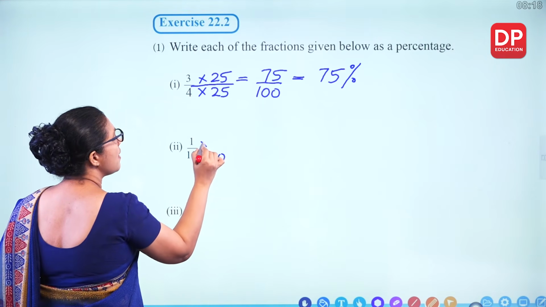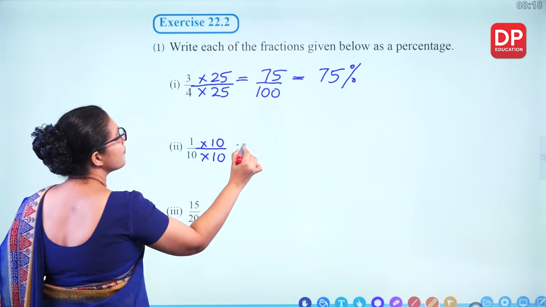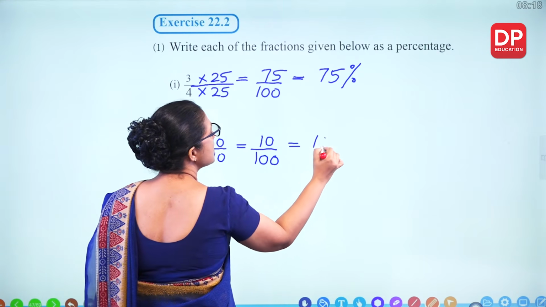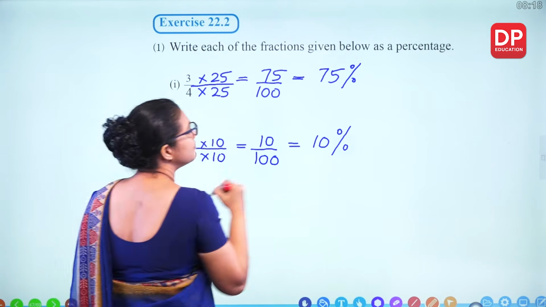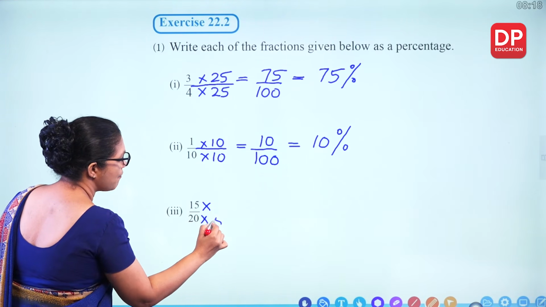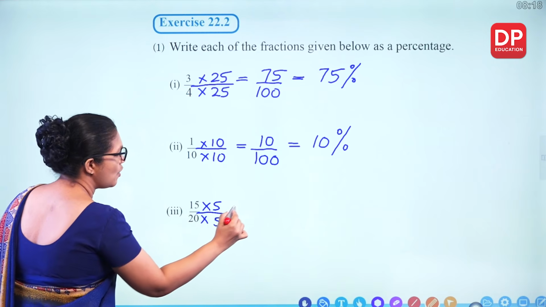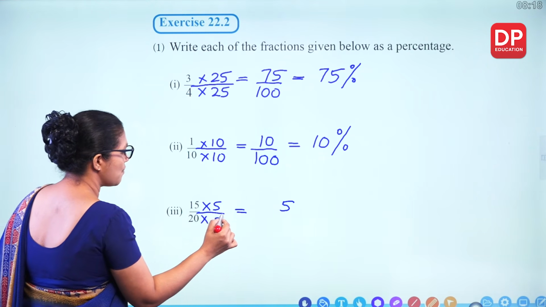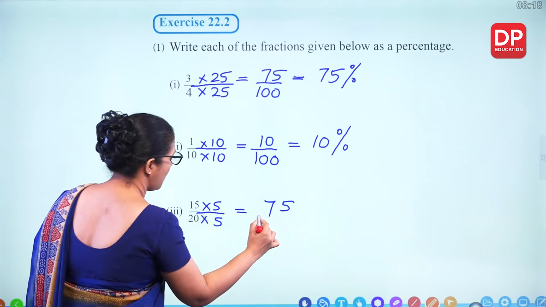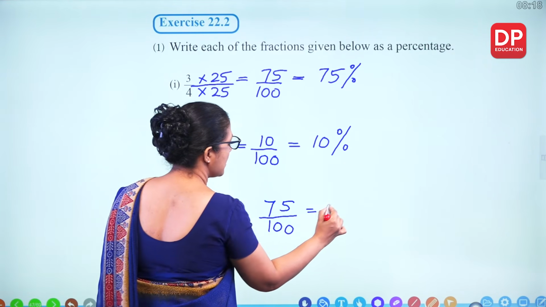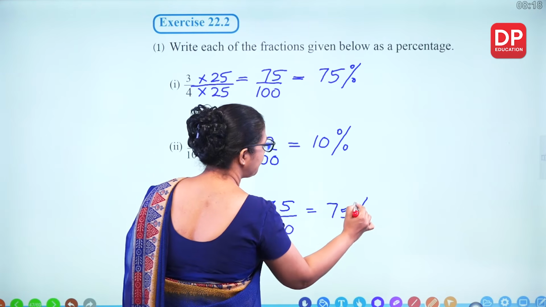Multiply the denominator by 10. 10 over 100. That means 10%. 15 over 20. Multiply both the numerator and the denominator by 5. 5 times 5, 25. 5 times 1, 5 plus 2, 7. 75 over 100. So you get 75%.